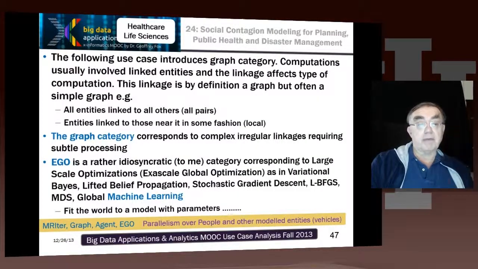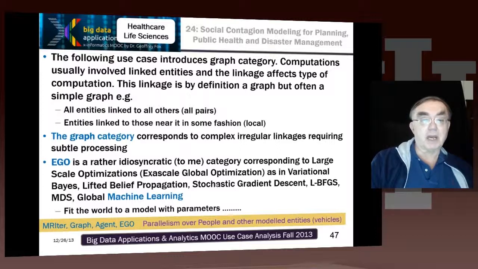So here we have the graph category, which we actually saw earlier in the diabetes case, which also uses graph processing. And the idea behind graphs is the following. If you look at a set of data, a set of things, whatever the items that make up the data, they're typically linked to each other in some way, and they can be linked in different ways.